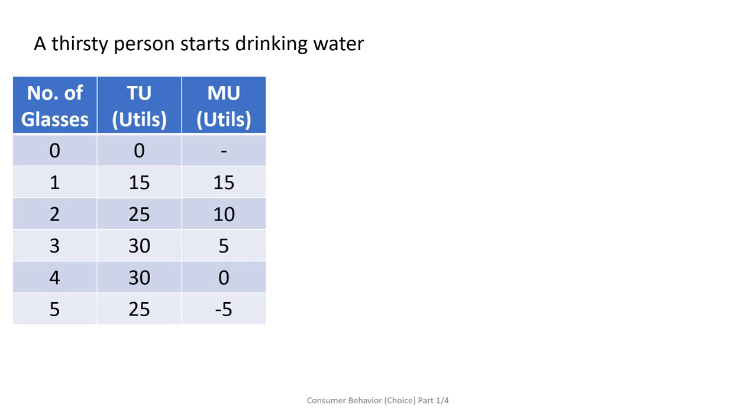Now, from the change of consumption from 0 glasses of water to 1 glass, the change in total utility is 15 units. From first to second glass, the change in total utility is 10 units, and so on. This is what we call marginal utility.